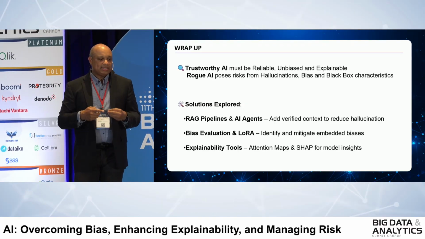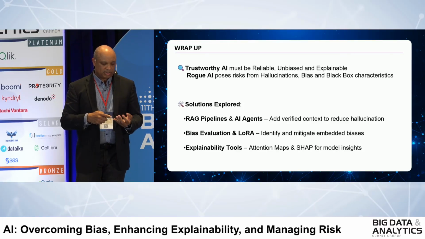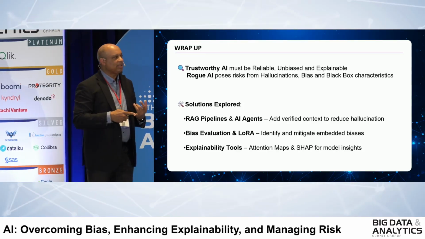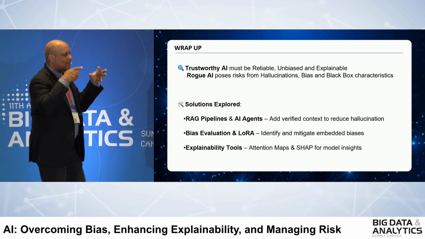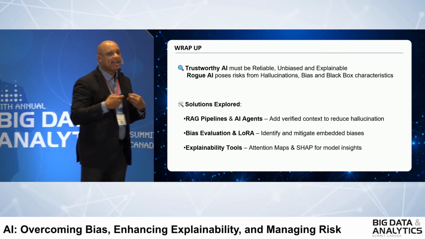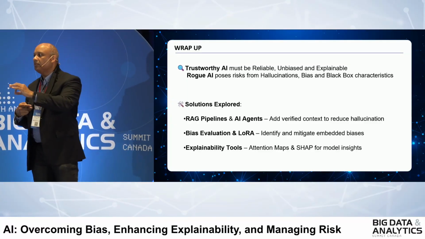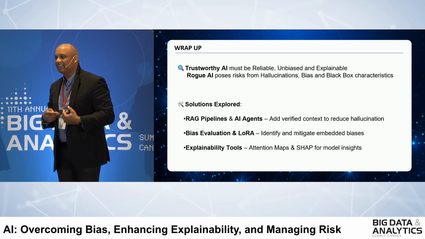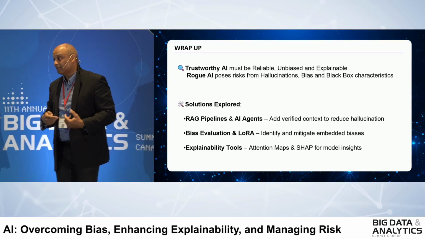So what we did today was we explored a few things. We explored using the RAG pipelines and AI agents, and this really reduces hallucination by focusing the model on the context and information that we have at our disposal and removing the dependence of the outcome of the model on the weights, or knowledge, that are inherent in its matrices.